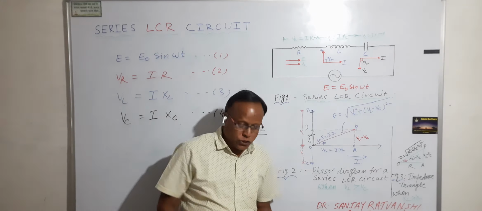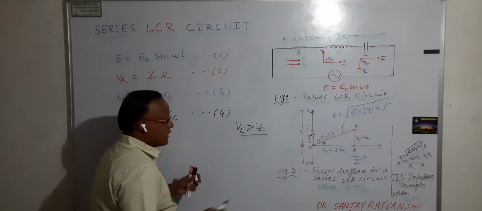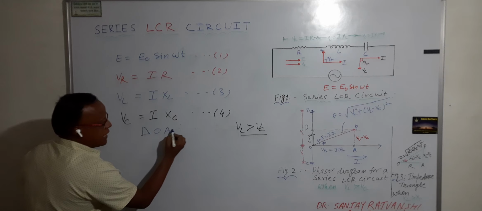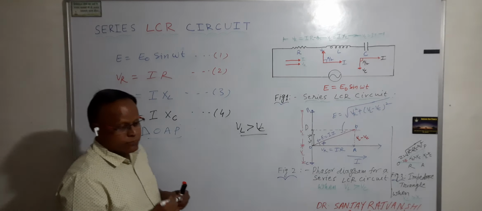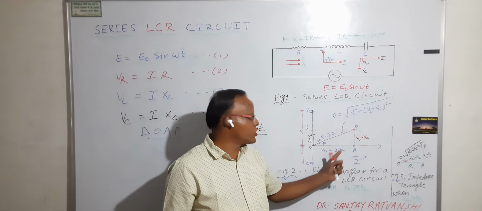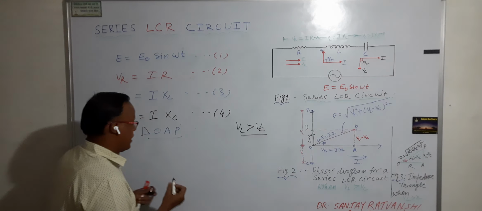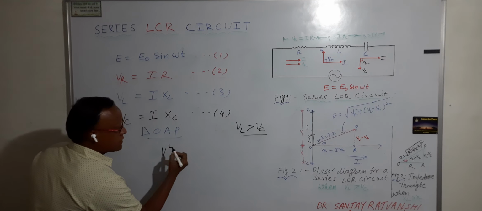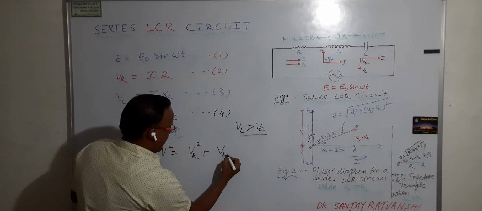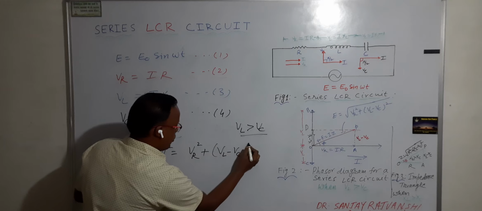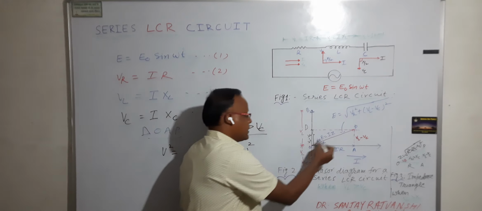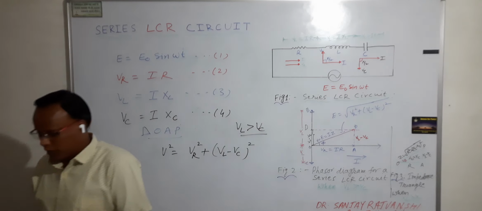By the Pythagoras theorem applied in this triangle OAP, what is the Pythagoras theorem? Hypotenuse square is equal to base square plus perpendicular square. So V square comes out as VR square plus (VL minus VC) whole square. OA square plus AP square is equal to OP square.